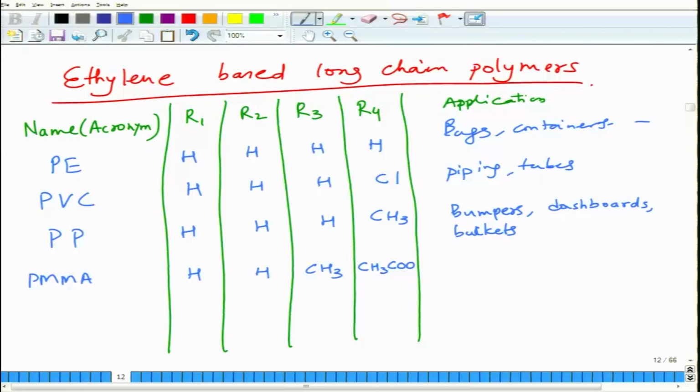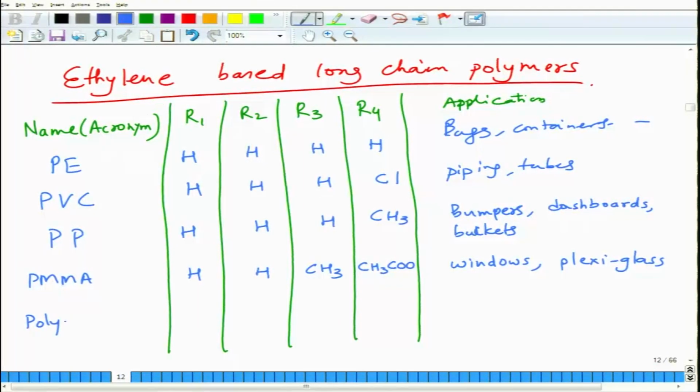It is used, for example, as window glass, windows. It is also used as plexiglass that we use in our lab to make a variety of things. Plexiglass is more like a trade name, right. So this is PMMA, polymethyl methacrylate.